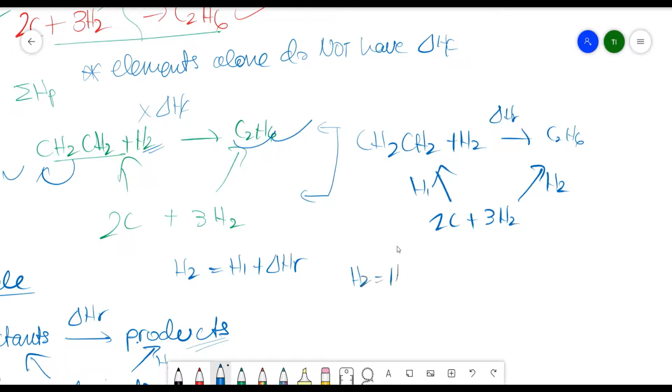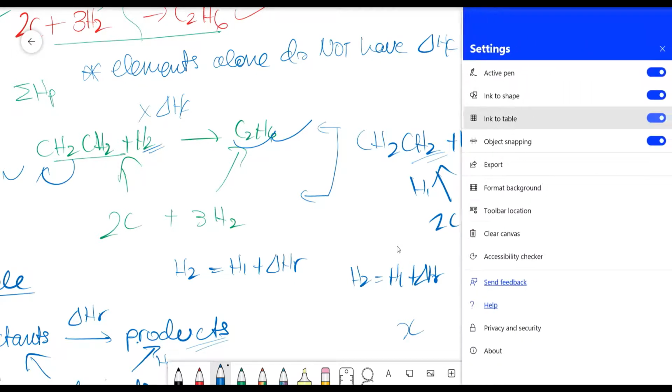H2 is equal to H1 plus HR. In case you're asked to find out the enthalpy change of reaction, you could make HR the subject, so H2 minus H1. In case you're asked to find out the enthalpy change of formation of this, you can just expand the brackets, make that X and solve for it. We'll do examples so you'll hopefully understand it sooner or later.